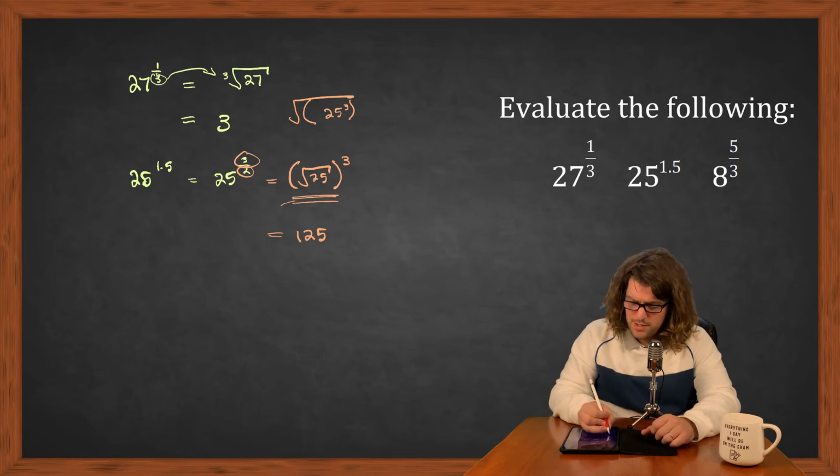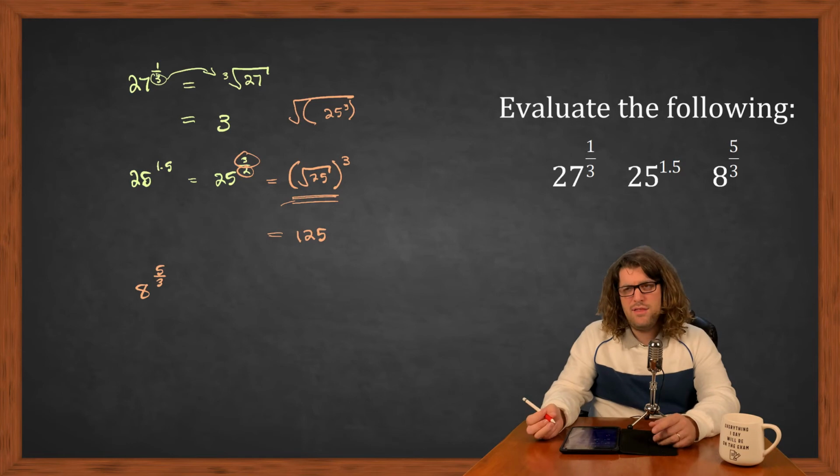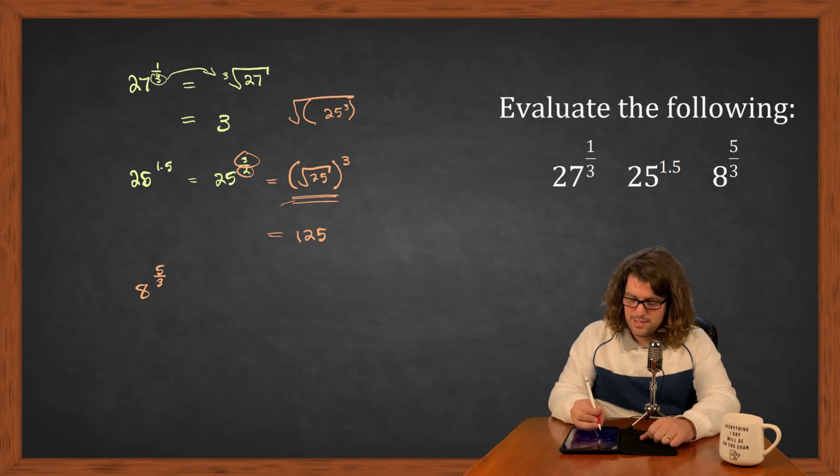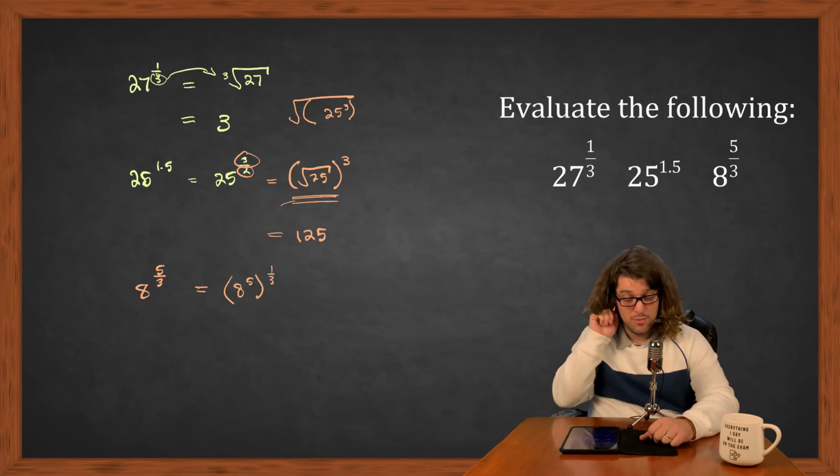So my last one is 8 to the 5/3 power, and again, this time I don't need to convert this into a fraction. Instead, it already is that way. And I could choose to do 8 to the 5th power and then do the 1/3 power, which is a cube root afterwards.